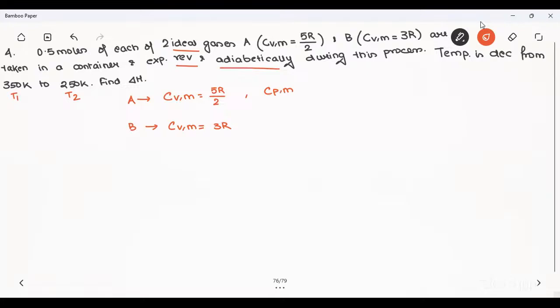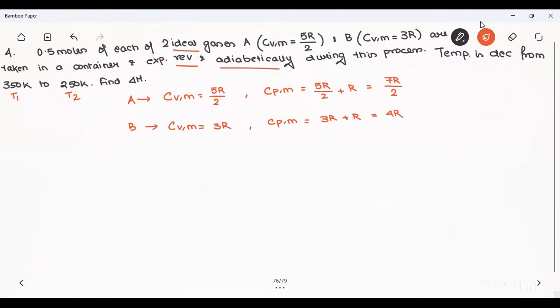CPM minus CVM is equal to R. So obviously for A it will be 5R by 2 plus R, which is 7R by 2, right? And for B, what is the CPM? 3R plus R, 4R. Right? So this is what is given.